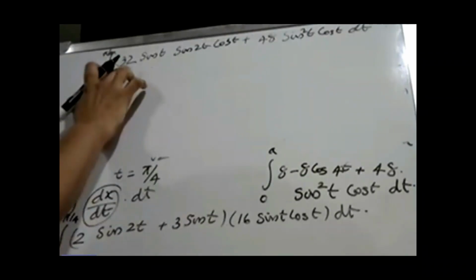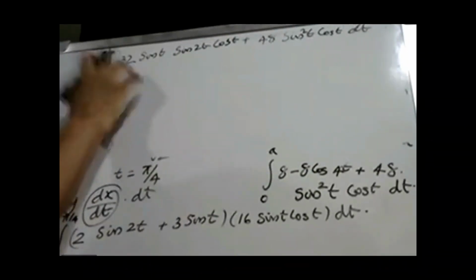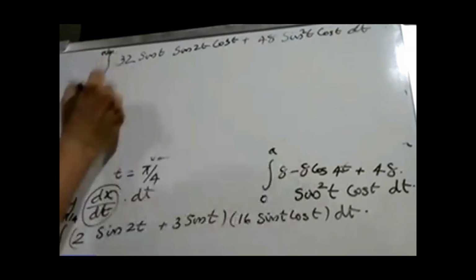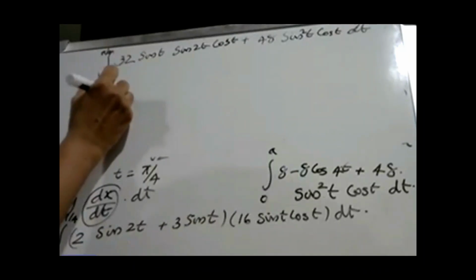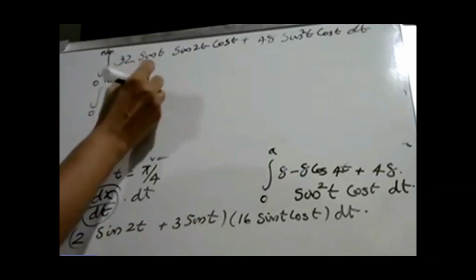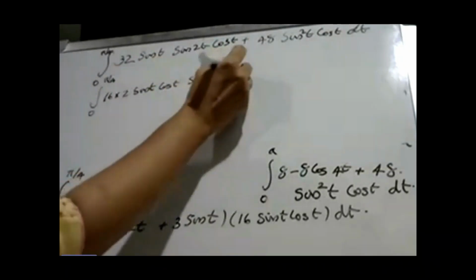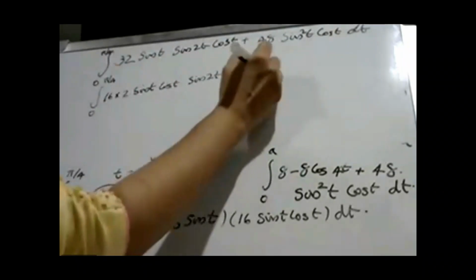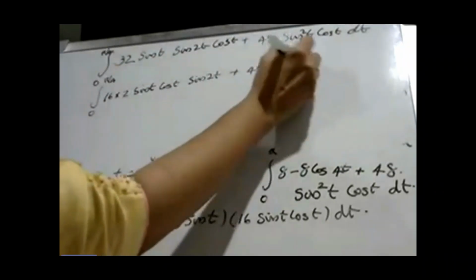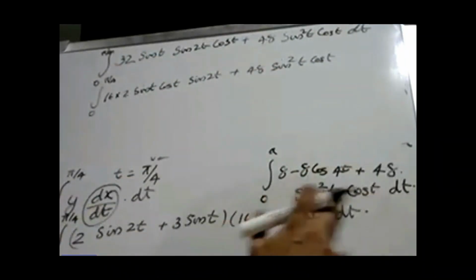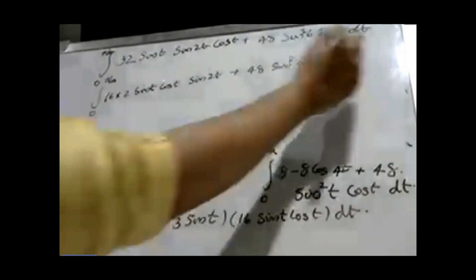Now, if I take a 2 from this and rearrange, I have to get it in the form of the integral from 0 to pi over 4 of 16 times 2 sin t cos t sin 2t plus 48 sin squared t cos t. This I am not changing much, because I have to get a term like 48 sin squared t cos t dt, which I have already got.